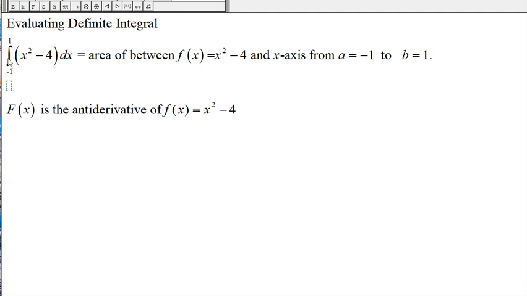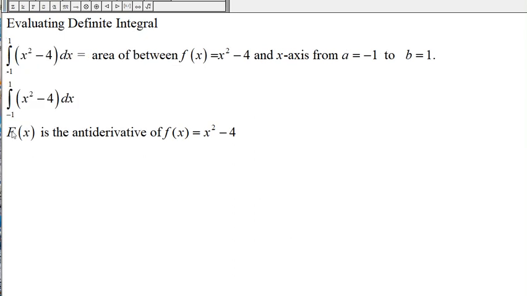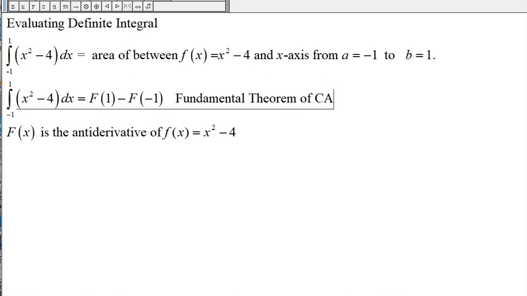The fundamental theorem of calculus says that the definite integral is equal to the antiderivative at 1 minus the antiderivative at -1.